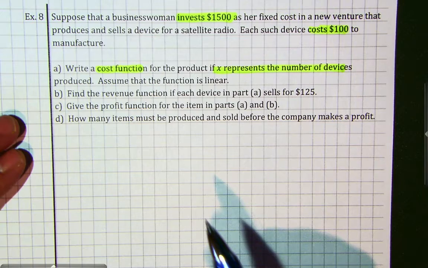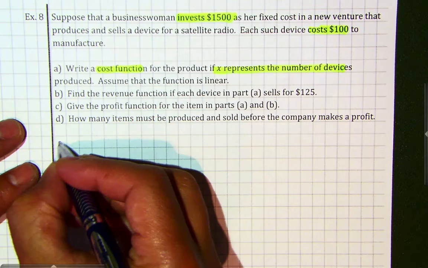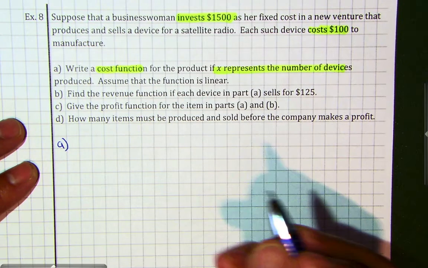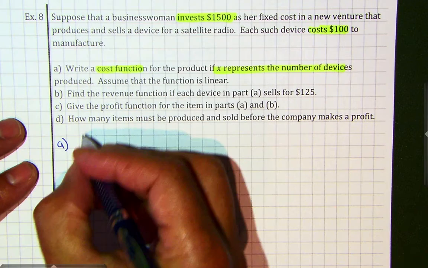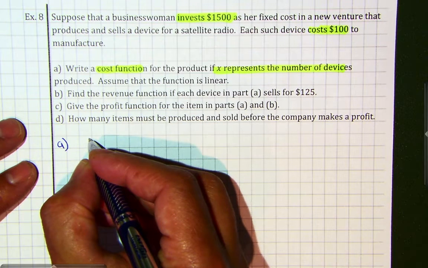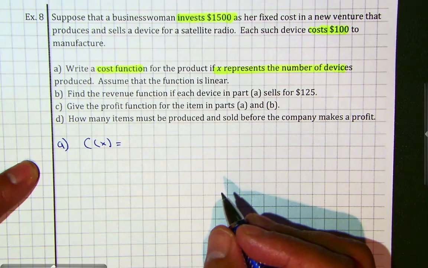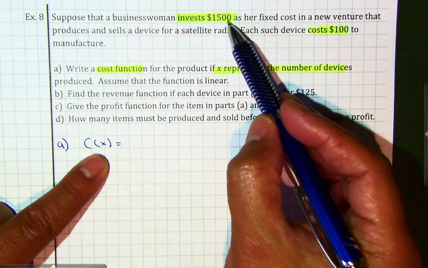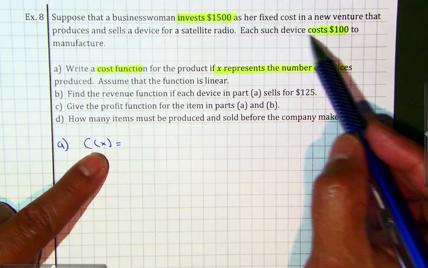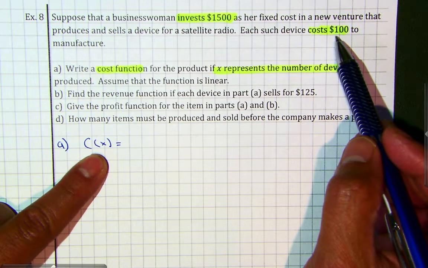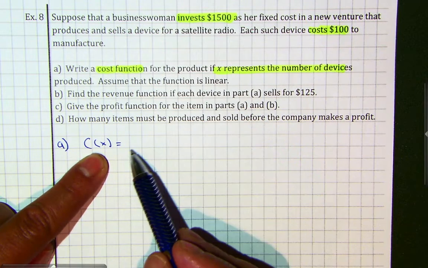So in this case, I need to be able to write a cost function. And whenever you write a cost function, we're going to use C of x for cost. So if she invests $1,500 and every device is going to cost her $100 to produce, what will be the equation in here?